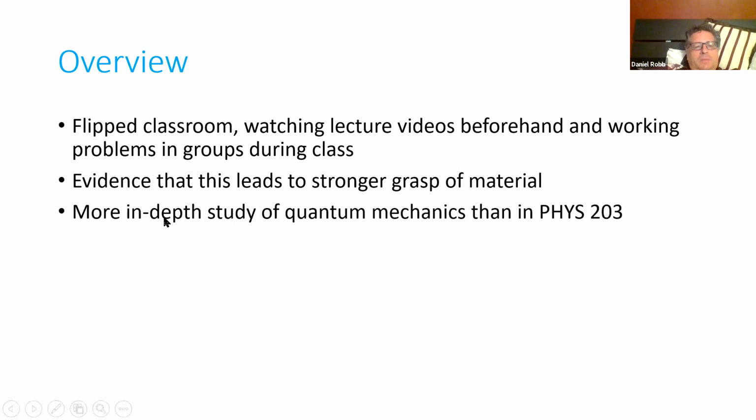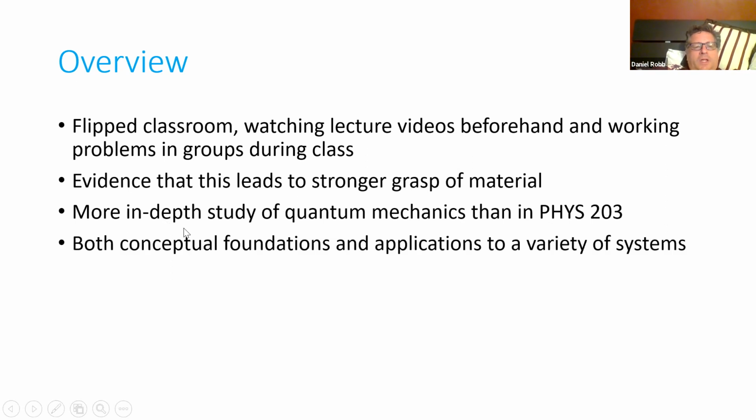So this class is going to be a more in-depth study of quantum mechanics than you saw in modern physics, Physics 203. We'll be looking at both conceptual foundations and also applications to a variety of physical systems. In the conceptual foundations, we'll look at the basic postulates of quantum mechanics.